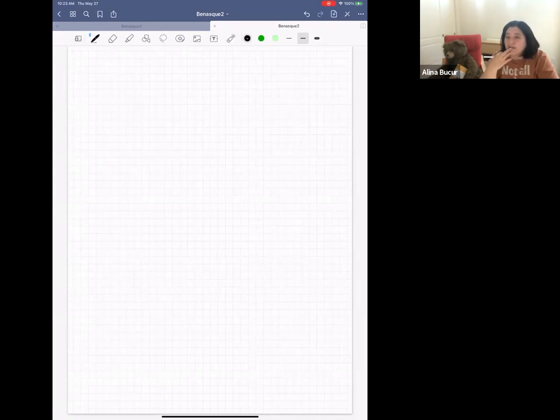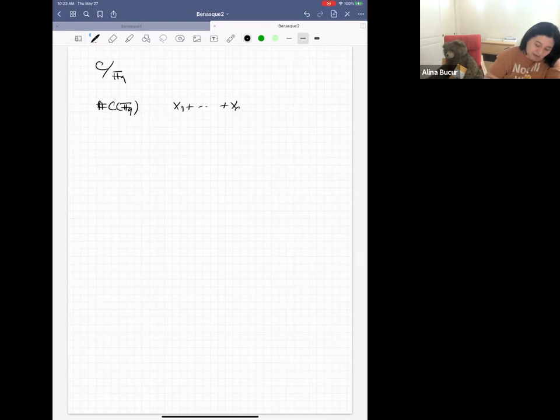You can also do something where, if you're looking at a curve defined over FQ and you look at the number of points over FQ, the typical result is that you have a sum of Q plus 1 random variables that give you the distribution of this number of points.